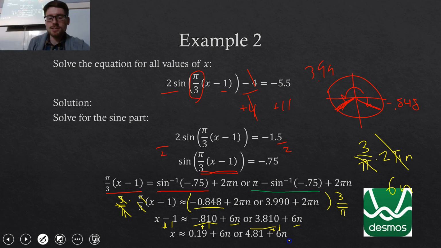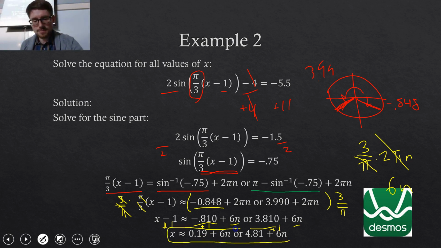When we add 1 to 3.81, we get 4.81. And so that gets us the 2 answers, and then we have multiples of 6, because that's our period for this function, to get all the other ones. So this would be all the possible x's right here that satisfy that equation.